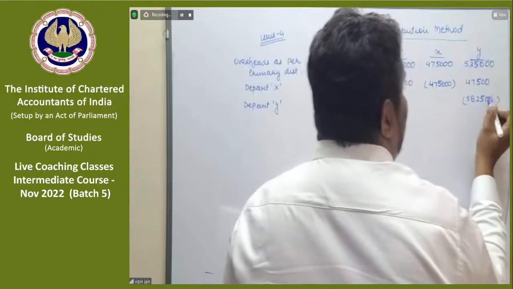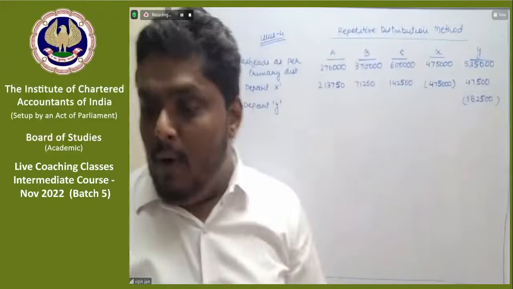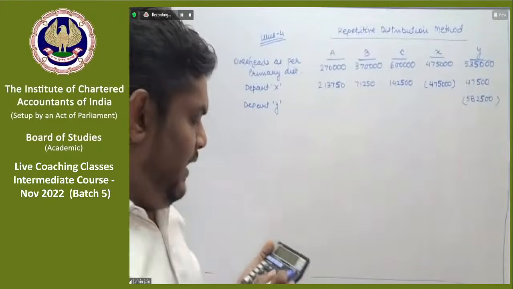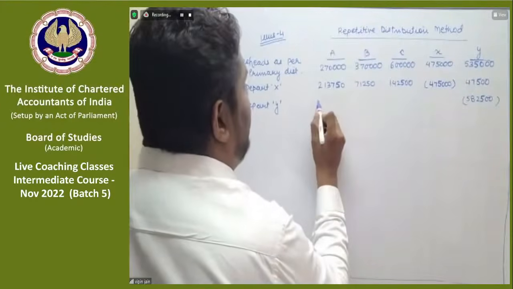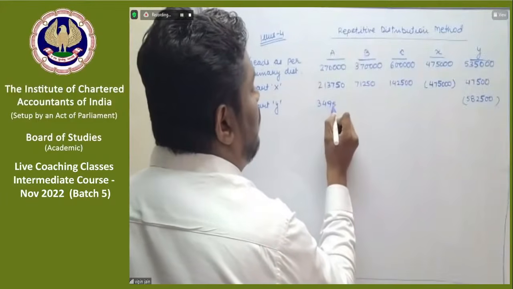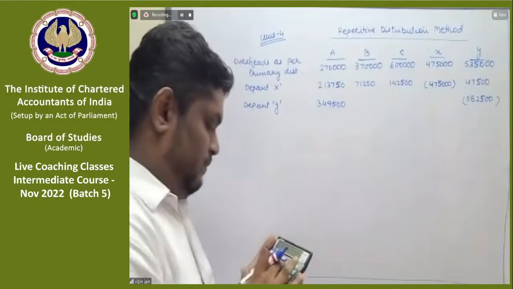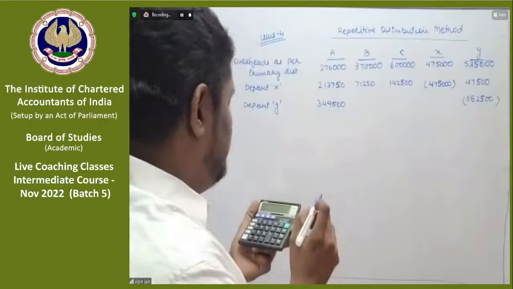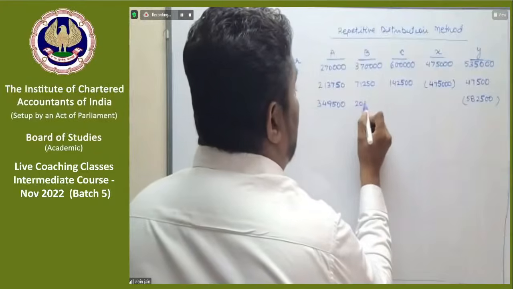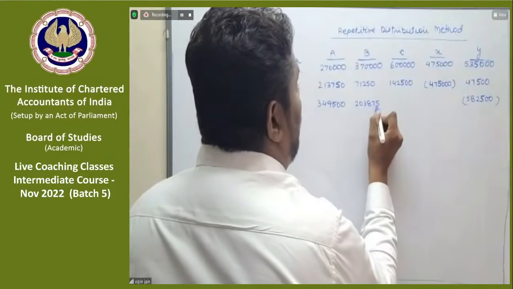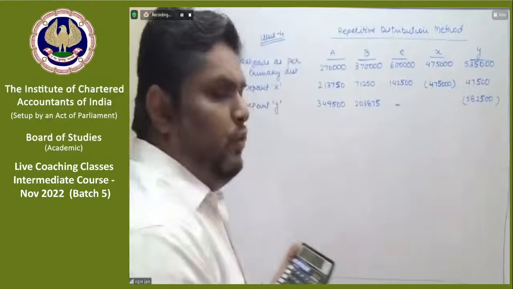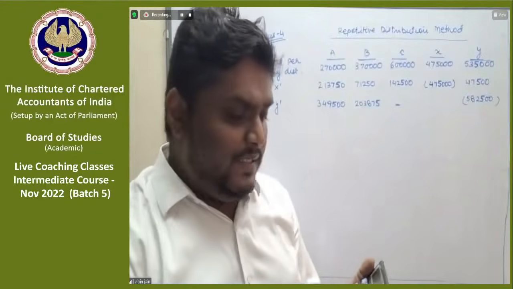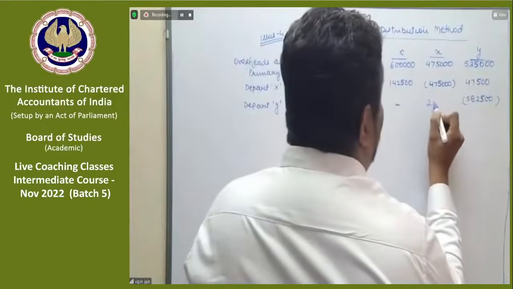This is the total amount that is to be distributed among A, B, and X. So 60% belongs to A, so 349,500. 35% to B, that is 203,875. Nothing is distributed to C. And 5% to X, that is 29,125.